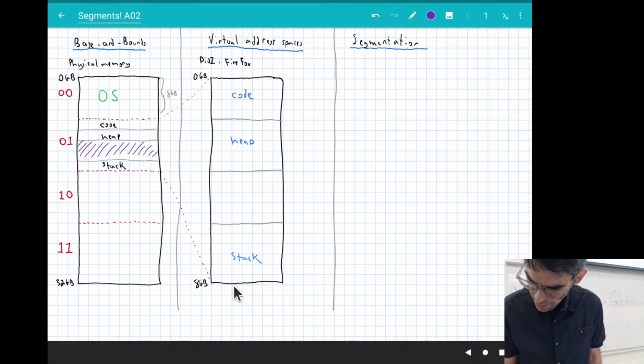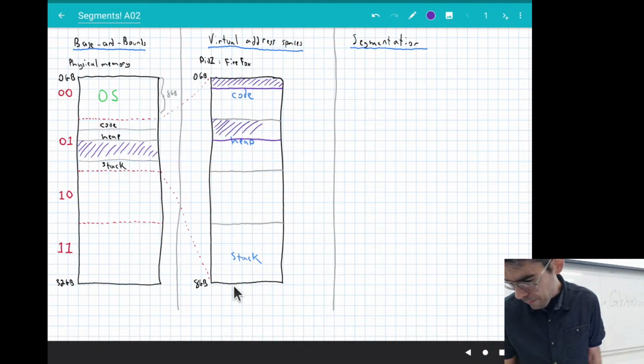It gets worse in the sense that a lot of applications aren't even going to use the entire part of the code segment that they've been allocated here. So if I've got a code segment like this, and I've got a heap that looks like this in terms of stuff that has actually been allocated, I've got a stack at the very bottom that's been allocated here.